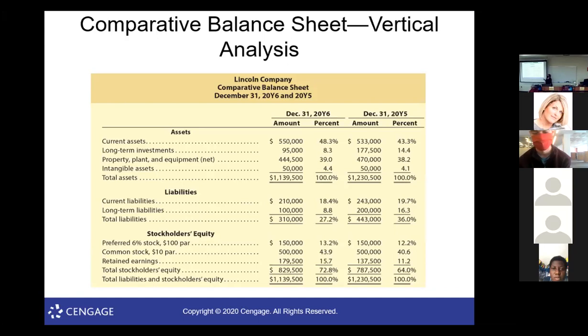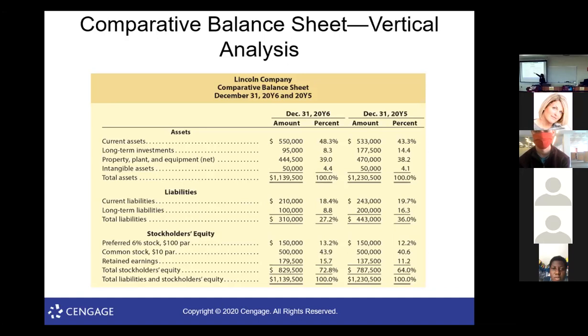Long-term investments of 95,000 represents 8.3% of total assets. Property, plant, and equipment, if we took the 444,500 divided by 1,139,500, we would know that property, plant, and equipment represents 39% of total assets. So we do that for every category.